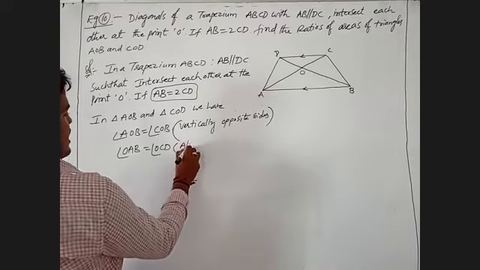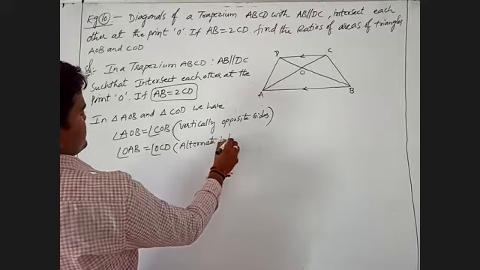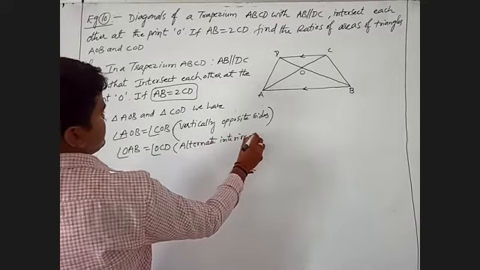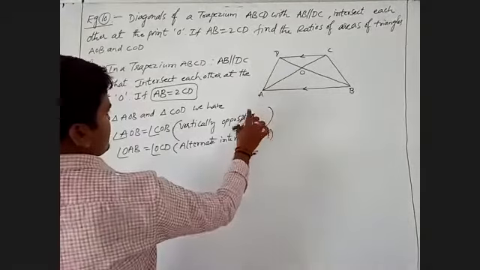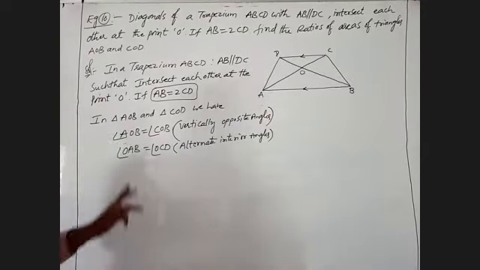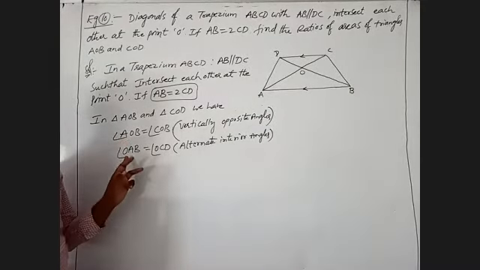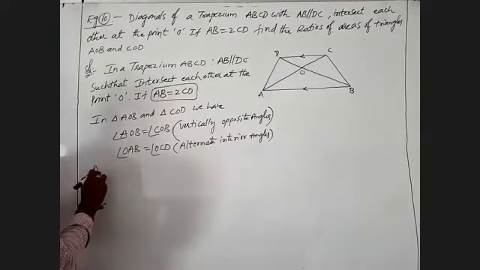These are alternate interior angles. Here we observe angle A equals angle C and angle O equals angle O, the common angle.